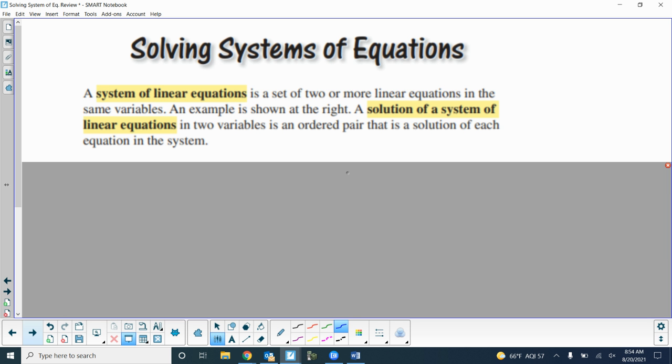A solution of a system of linear equations in two variables is an ordered pair that is a solution of each equation in the system. If you turn over that paper I gave you yesterday, that's just what it says. I just kind of spread it out on my slides.